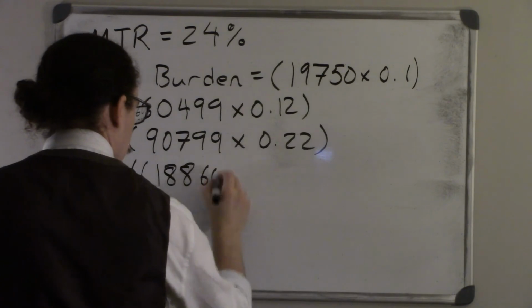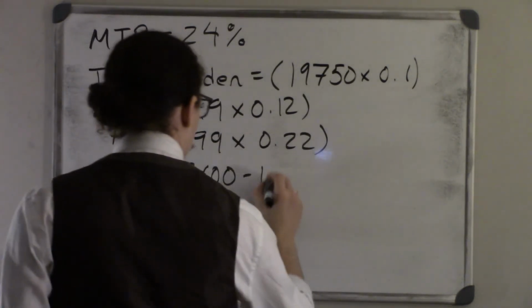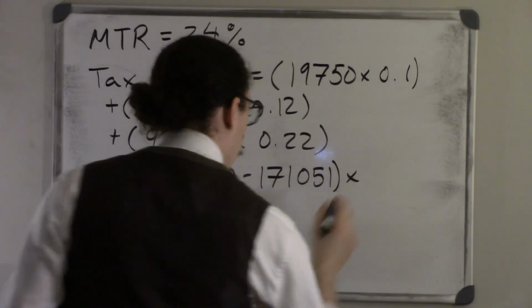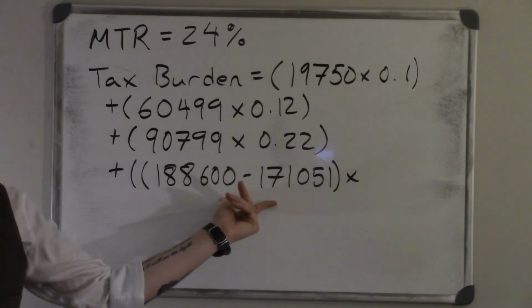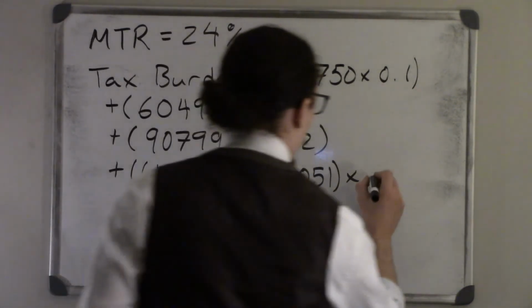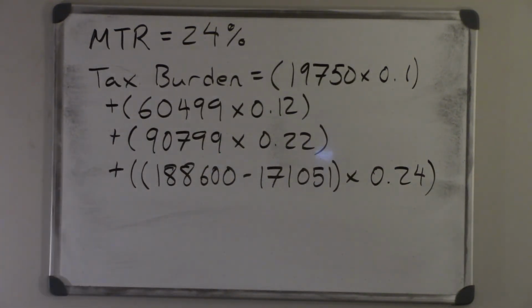We take our taxable income, $188,600, subtract the lower bound, $171,051, which gives us just the amount of income that falls into this fourth bracket, and multiply that by 0.24 or 24%.